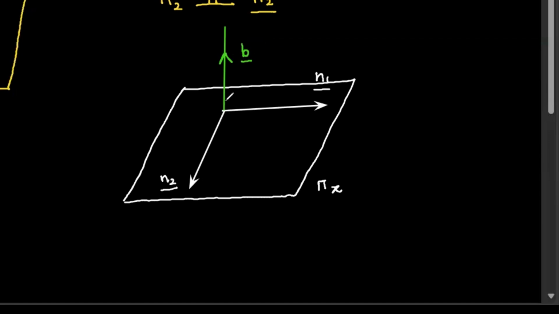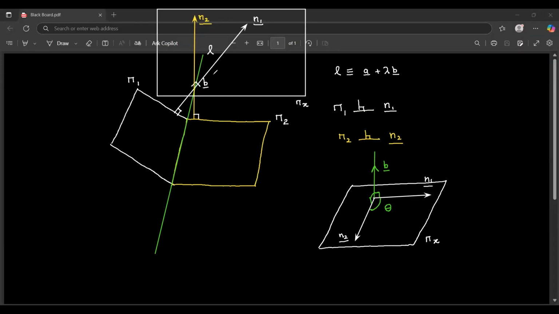So if this is 90 degrees, this will also be 90 degrees. We don't know about this angle, let's say this is theta. I will be teaching you about that in the future, but for now let's not focus on that. If this is some random theta, we can definitely say the direction vector is perpendicular to n1 and n2. That's the beauty of this.